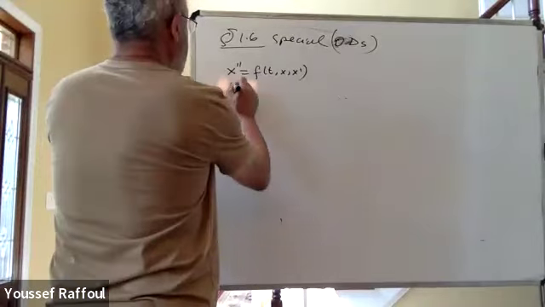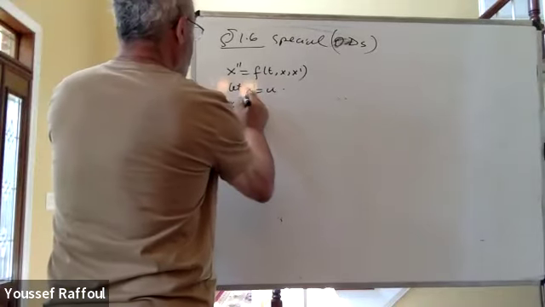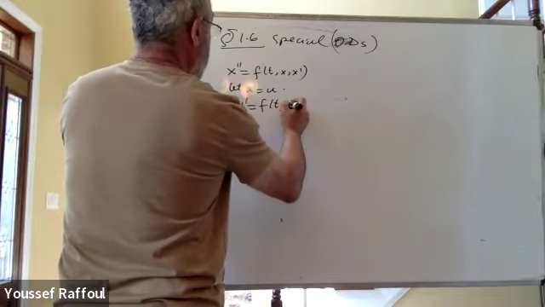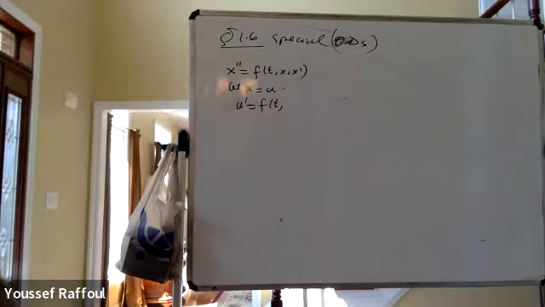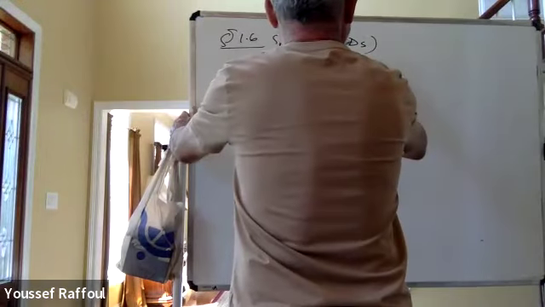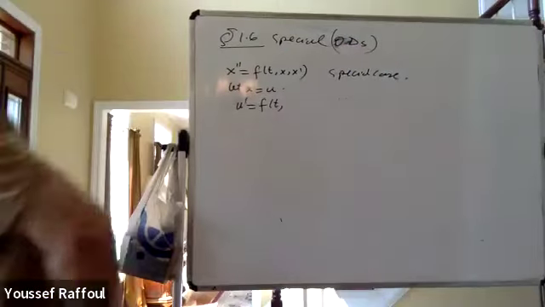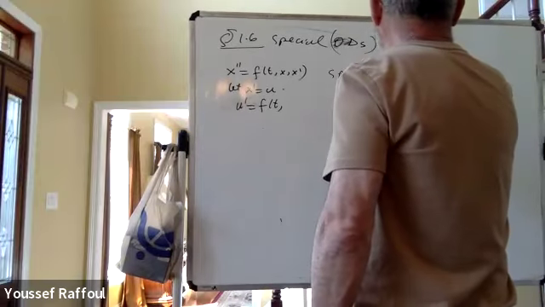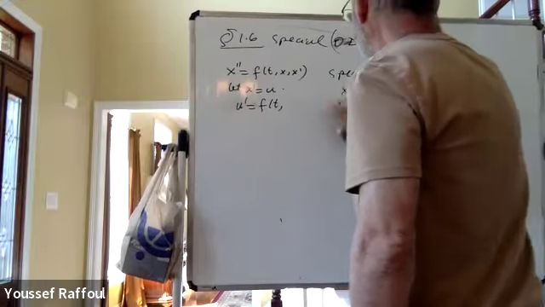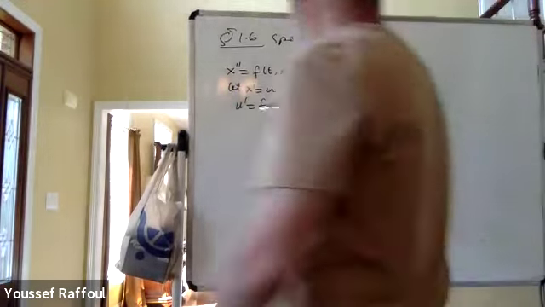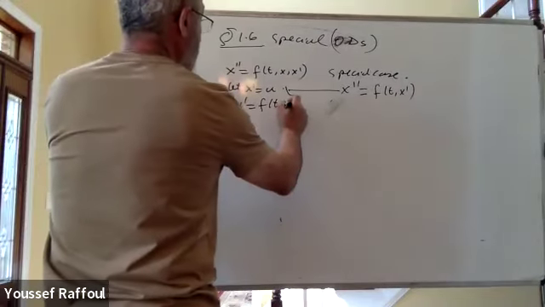The best thing to do is let x prime equal u, then you have u prime equal f of t, u. So for a special case, x double prime equal to f of t, x prime, you let u equal x prime, and then u prime is f of t, u.